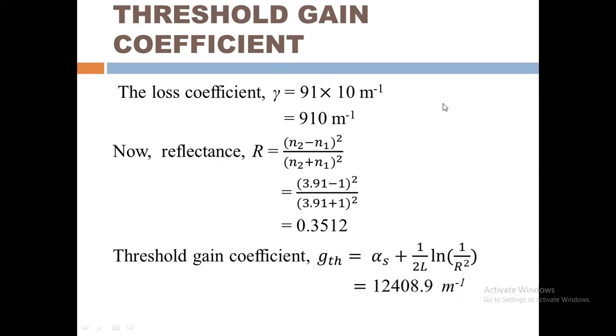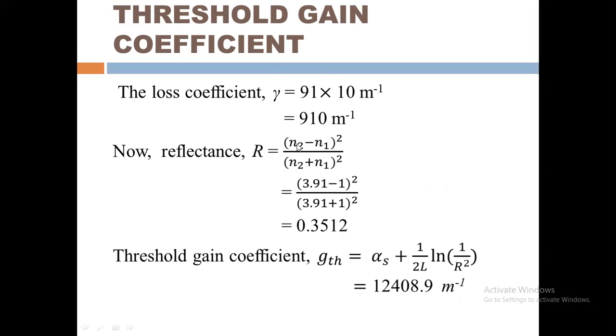At first I have calculated the threshold gain coefficient of my designed laser. This is the loss coefficient value, assumed according to my student ID, and it is 910 per meter.